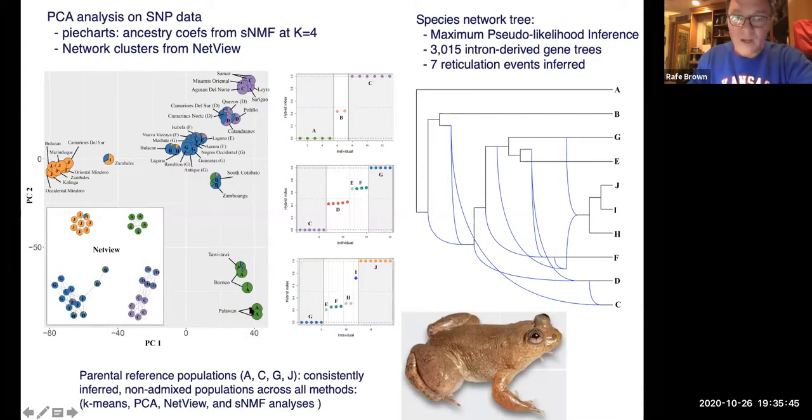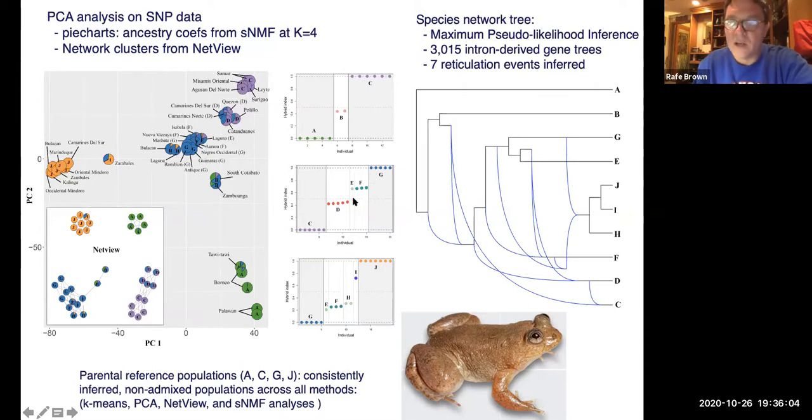But in any case, the intermediates between these 4 or 5 clusters here track to the individuals that are identified as hybrids between the parentals. So here's B right here from Western Mindanao as a potential hybrid between the cluster of A and C, 1 and 2.